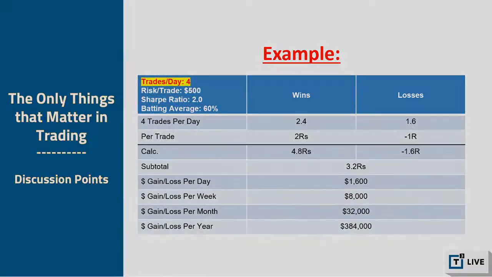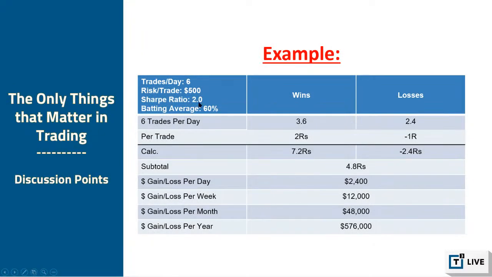So 2.0, check it out, 2.0, 60% batting average, 576. 2.0, 50% batting average, 360. I mean, if that's not shocking, I don't know what is.